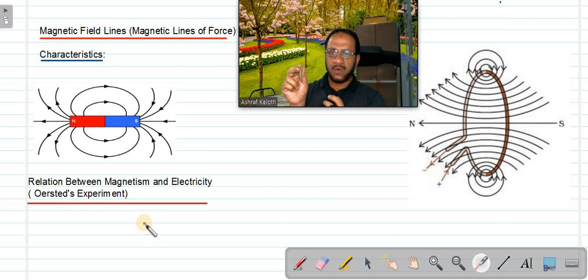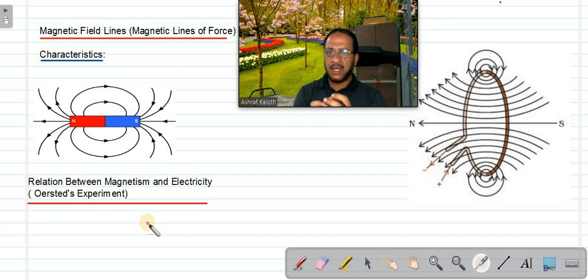And while doing that experiment, nearby the experimental setup, there was a compass needle. A magnetic needle was placed nearby. And what he could see, whenever he switched on the circuit, he could see the magnetic needle, compass needle nearby it vibrating, deflecting.